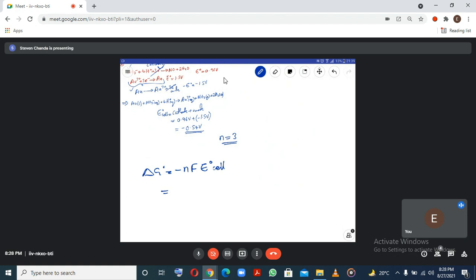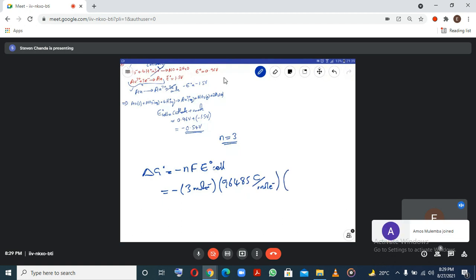So 3 moles of electrons, and Faraday's constant is 96,485 coulombs per mole of electrons.